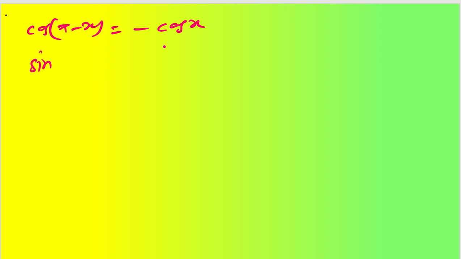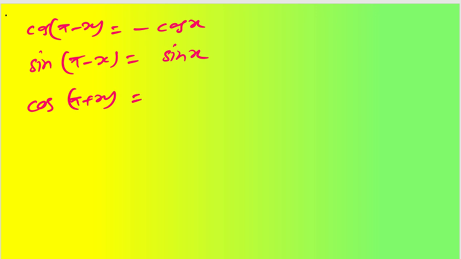Next, we have sin of pi minus x, that is going to be sin x, because it is in the second quadrant. Then cos of pi plus x, it will become how much? It is third quadrant, right? So again it will go to minus, so cos of pi plus x is minus cos x. Then sin of pi plus x will again become minus sin x.